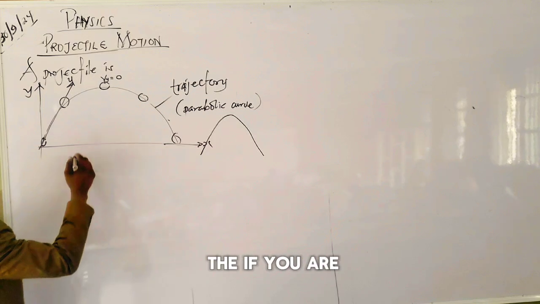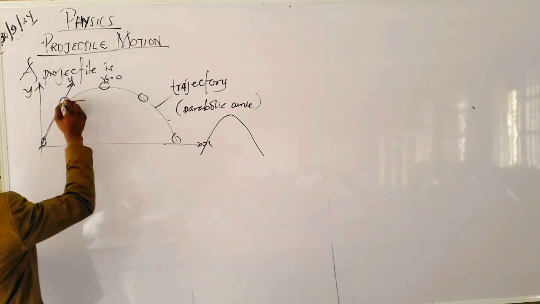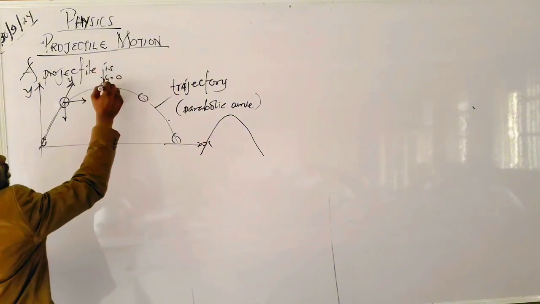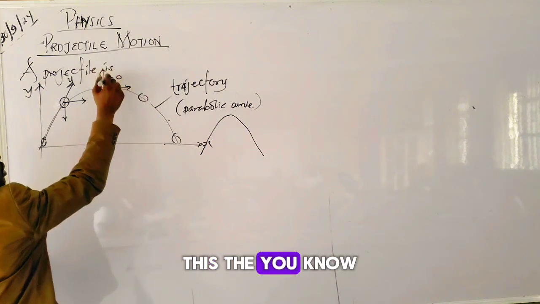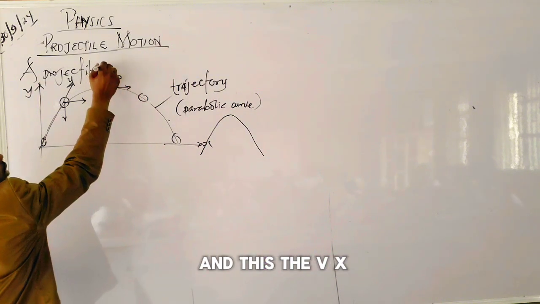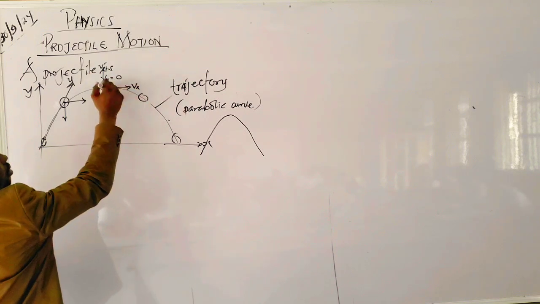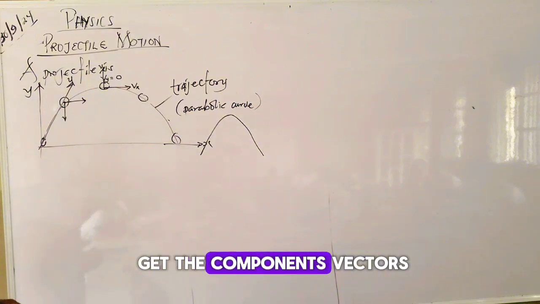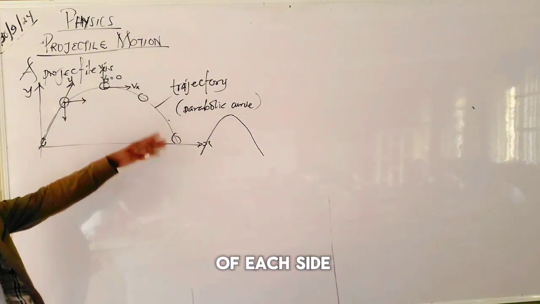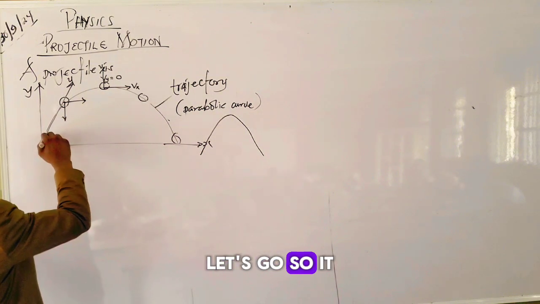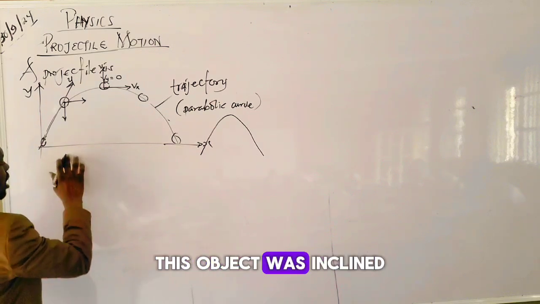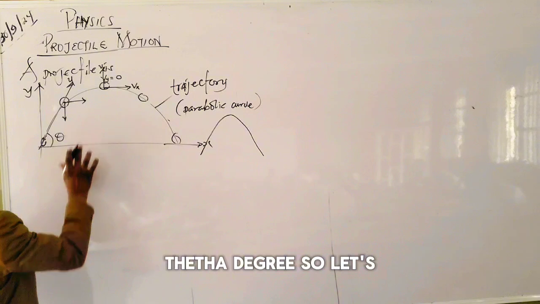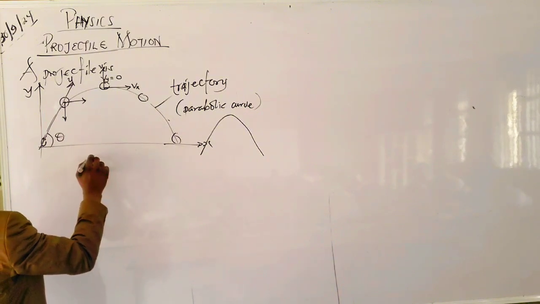So if you are going to draw this, you have something like this. This is the Vy and this is the Vx. So we can get the component vectors of each side. Let's draw. This object was inclined at an angle of theta degrees.